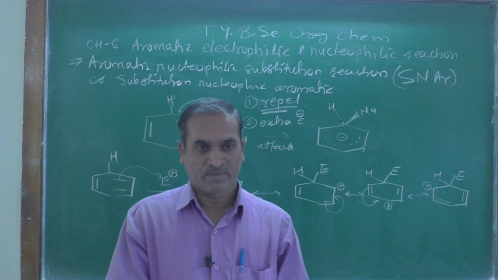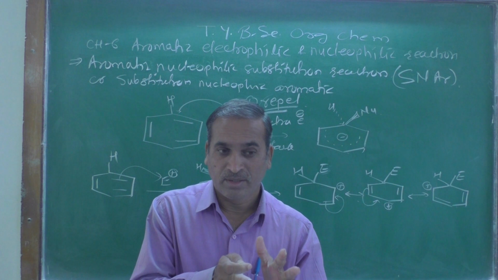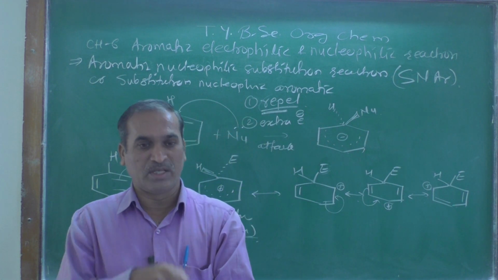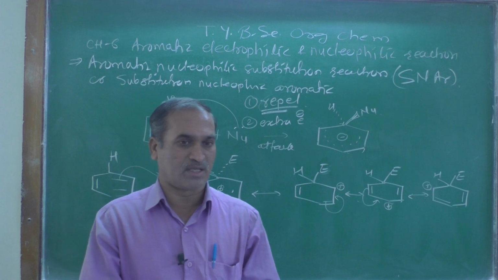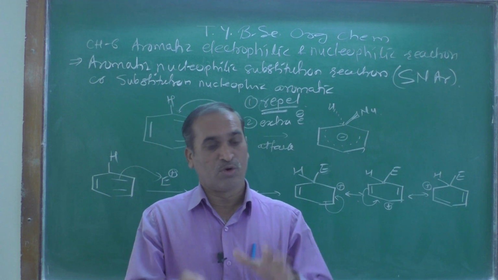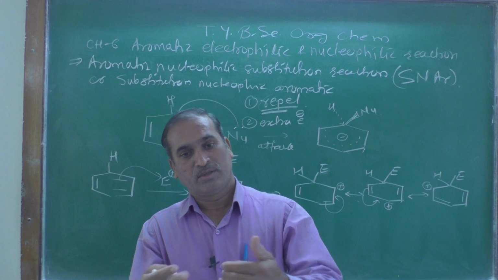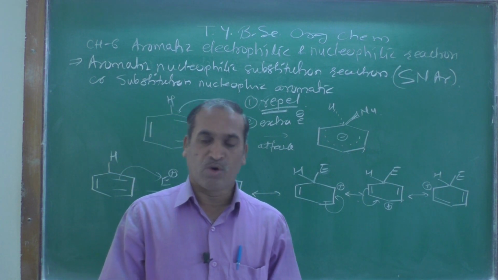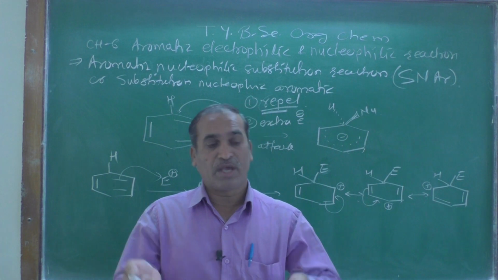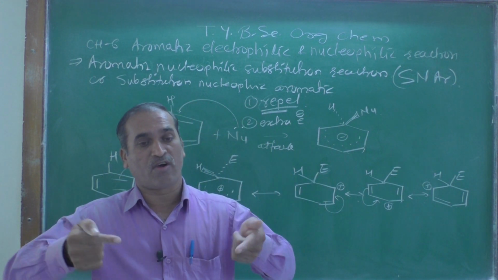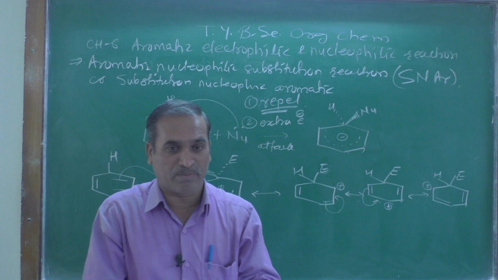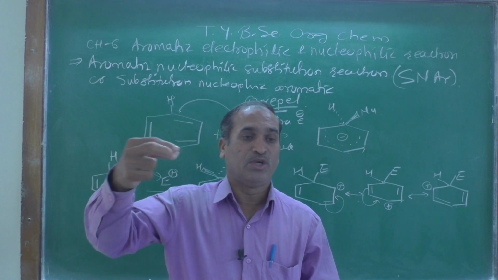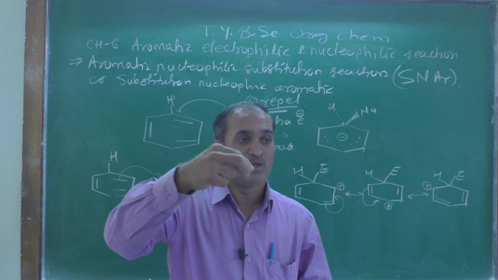But what if the substituted benzene is here? As we know, a monosubstituted, disubstituted, or polysubstituted benzene, if an electron withdrawing group is present on that benzene, then there is a possibility of introducing a nucleophile.